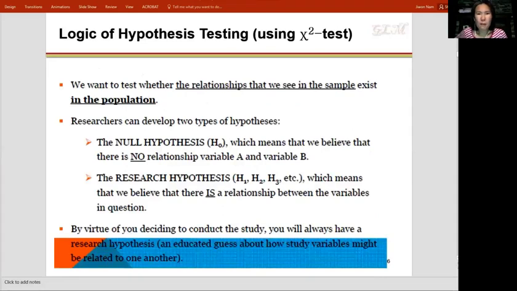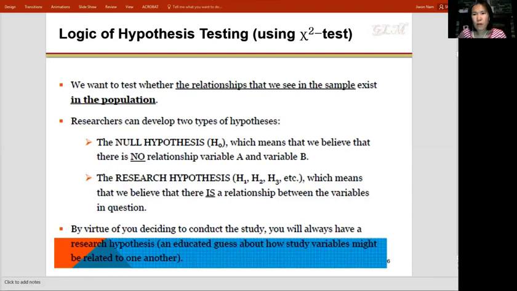So, the logic of hypothesis testing. There are numerous tests, but in this case, let's say the chi-square test. The chi-square test is used when you want to see whether there is a difference between two categorical outcomes.